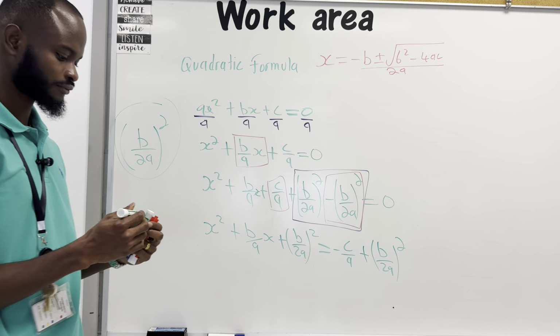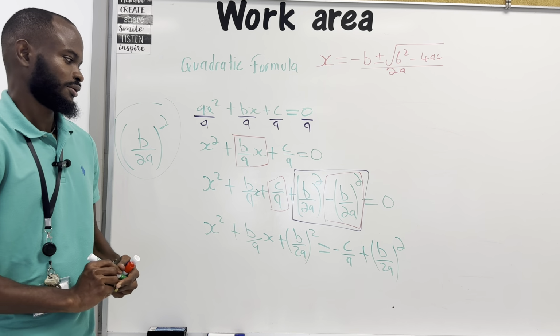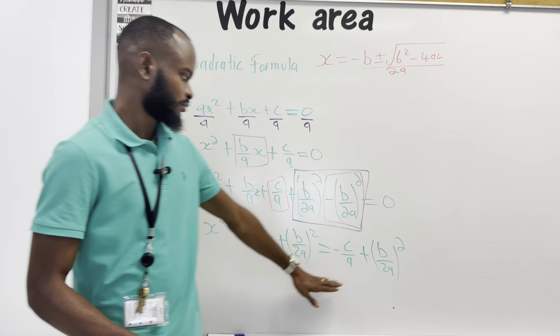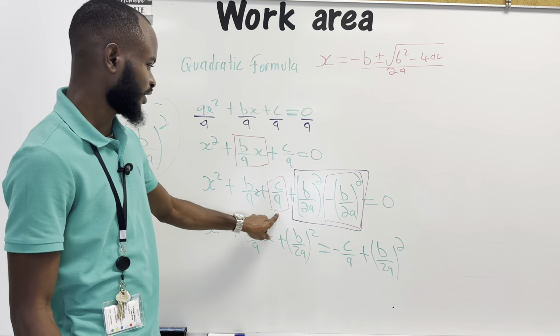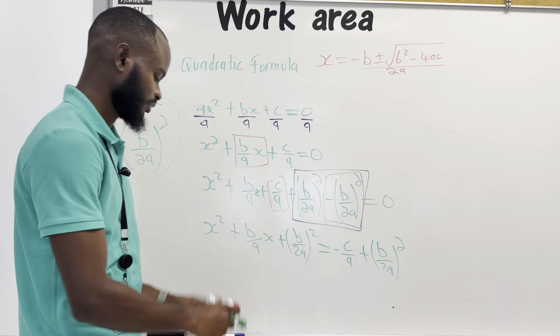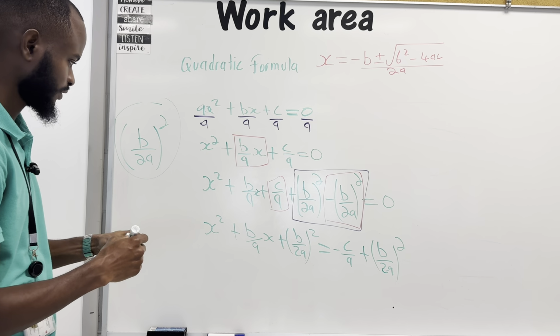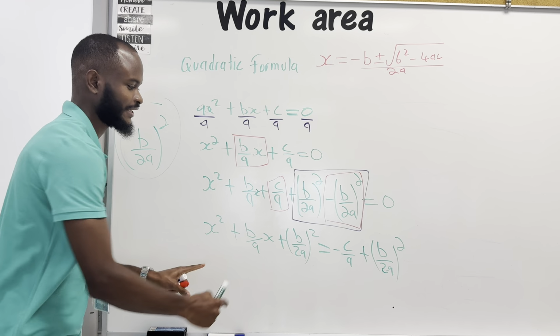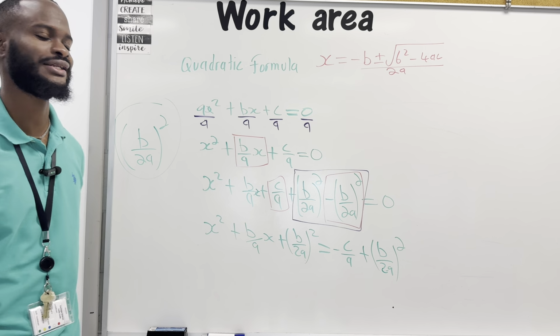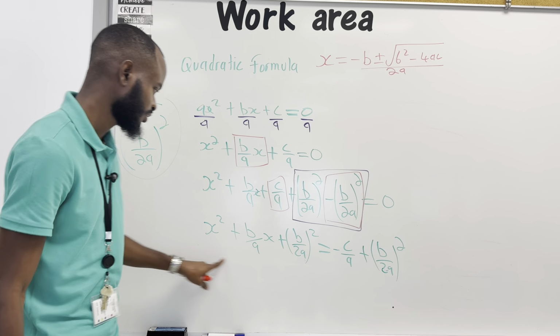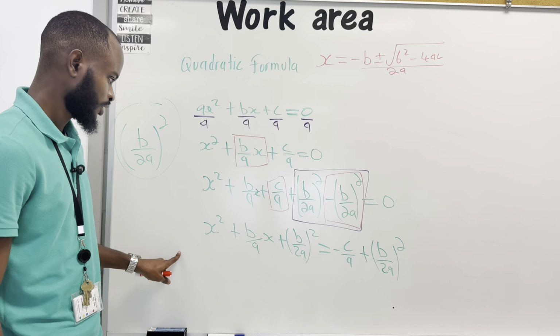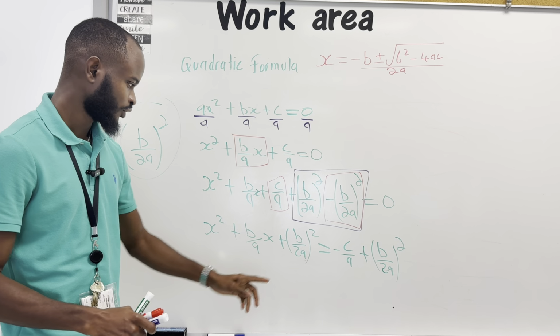See that? Coming nicely. So that's what we did. We just moved this and this to that side of the equation, right? Now, what we have over on this side is a perfect squared quadratic expression right here. A perfect square.